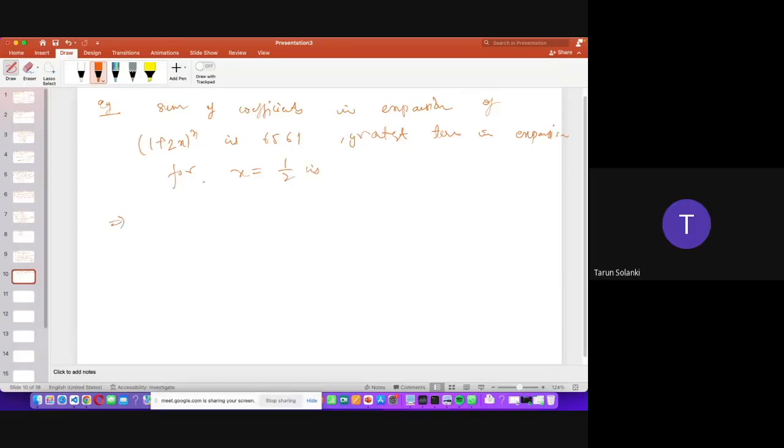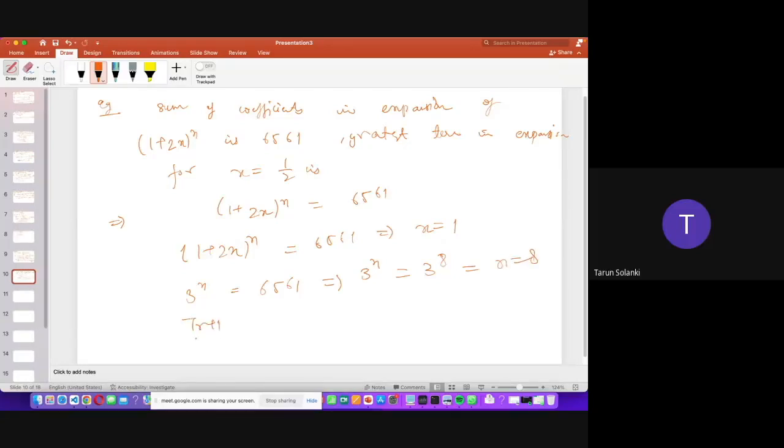Okay, so here given is (1 + 2x)^n is 6561. So when x equals 1, 3^n equals 6561. So 3^n, 3^8, where n equals 8.